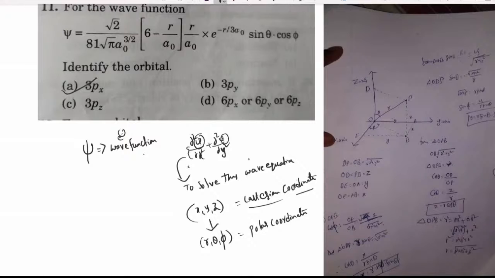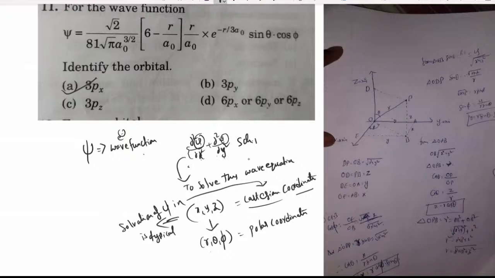Sir, why are you converting x, y, z into r, theta, phi? To solve the Schrodinger wave equation.